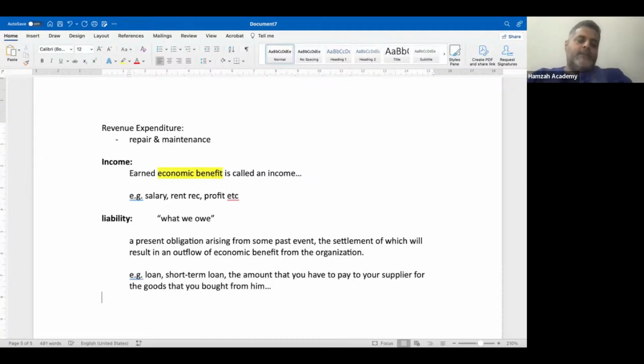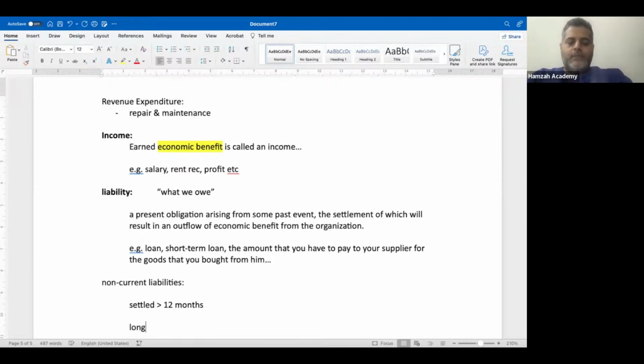As far as the liability is concerned, we have two types of liabilities. One is called the non-current liabilities. They are the ones which are settled in more than 12 months. For example, long-term loans, leases, and mortgage, right? Let's write lease, and this is a long-term loan.